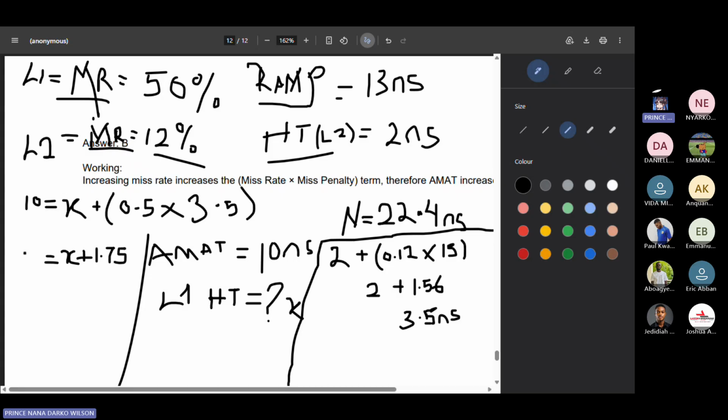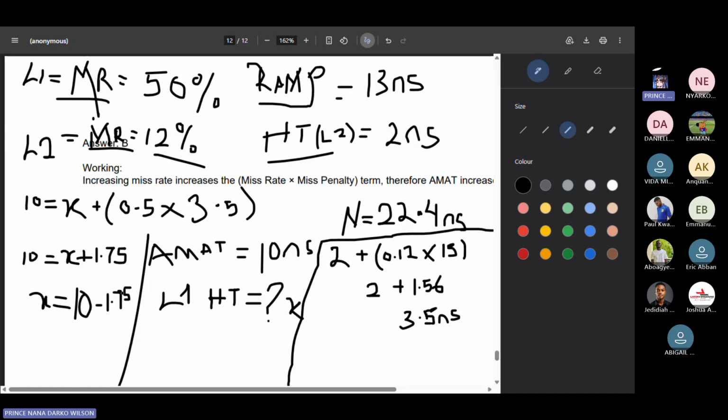So we group like terms: our X is now equal to 10 minus 1.75. 10 minus 1 gives me 9, and then 9 minus 0.75 will give me 8.25. So the correct answer, X, is equal to 8.25.